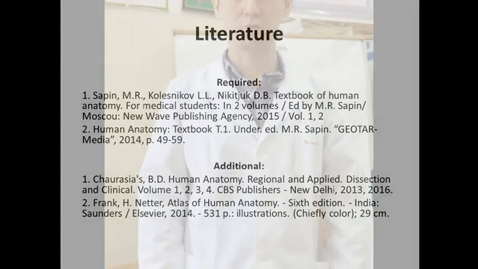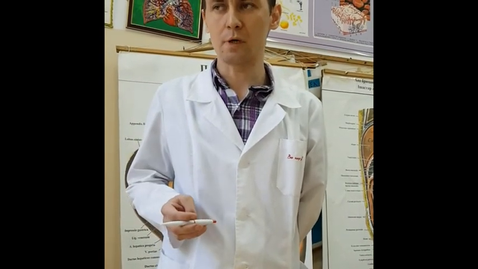Dear students, so today we have the first topic. Its name is anatomical main definitions, planes and axes of the human body, skeleton, its main parts, and bones of the trunk.